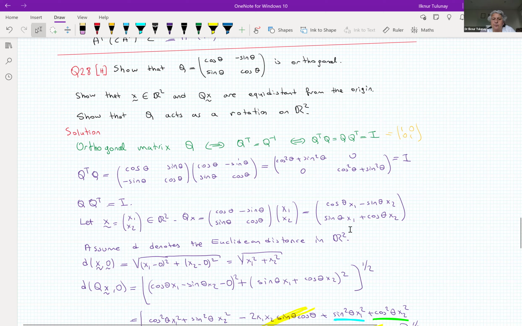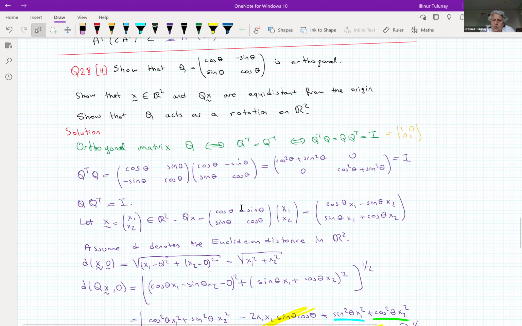That's what we show. Now the second part, we have any vector x, and let's apply Q to x, because we would like to show that the distance between x and 0 is equal to the distance between Qx and 0, the origin. X is any vector. And what does Qx look like?